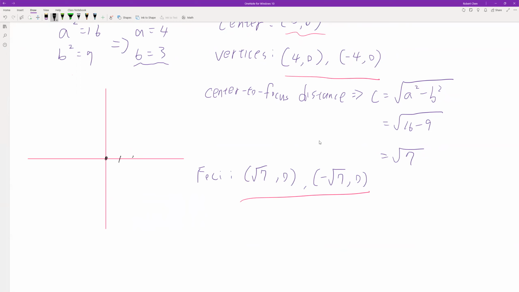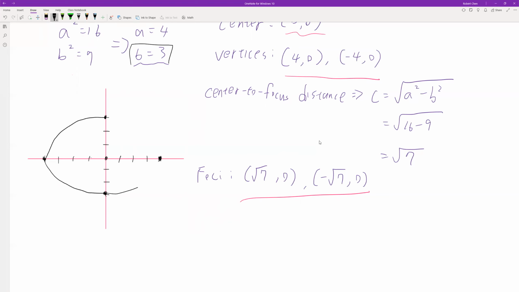So 1, 2, 3, 4, negative 1, 2, 3, 4. These are the vertices on our semi-major axis. And on our semi-minor, we look at the value of b, which is 3, so plus or minus 3. That will be our vertices on the semi-minor axis.